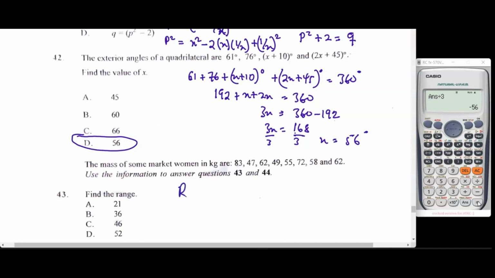Now you know that the range of a distribution is equal to the largest value, which this time we are talking about mass. So largest mass minus the smallest mass.